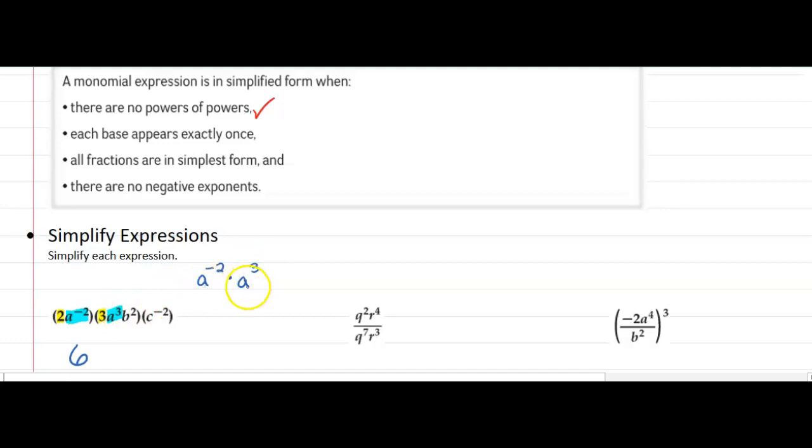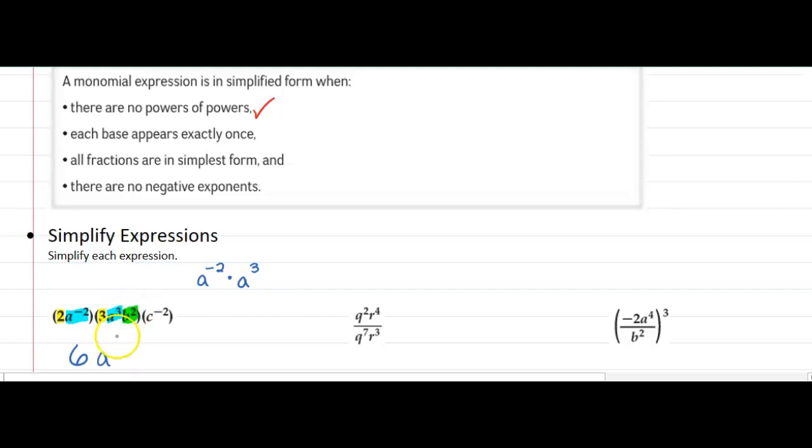This is one of our properties that we learned above. We're going over the multiplication sign, which means we just need to add these numbers. And when I do negative 2 plus 3, I end up with A to the first. I don't even need to put that first power up there because if there is no exponent, it's understood to be 1.